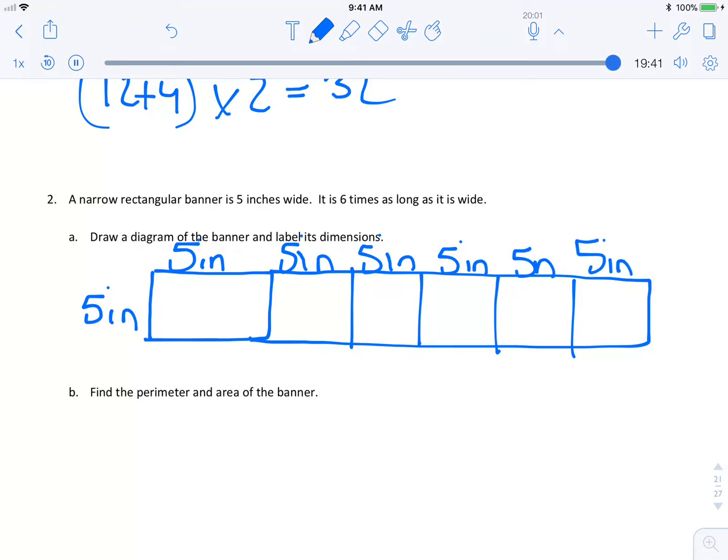So 5 times 6 is 30. So that length is actually 30 inches. So go ahead and see if you can solve this problem.